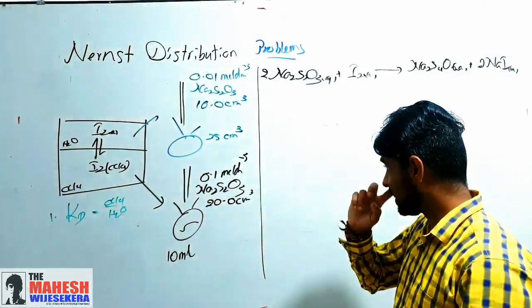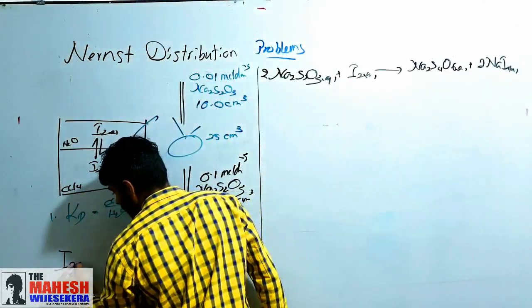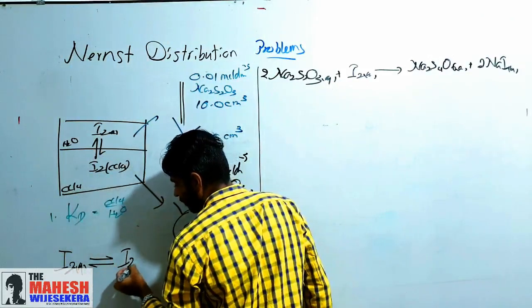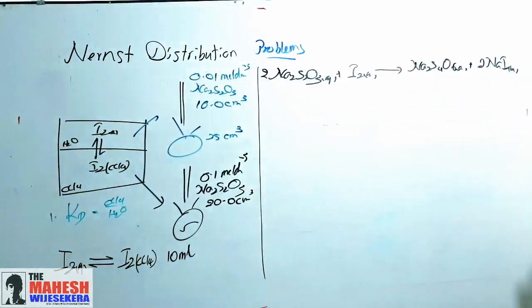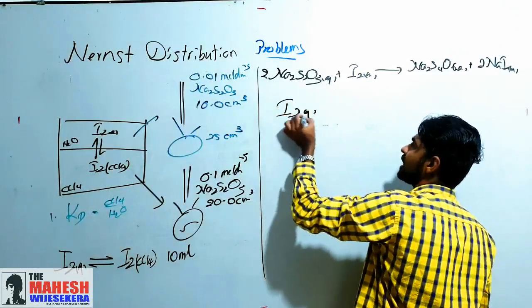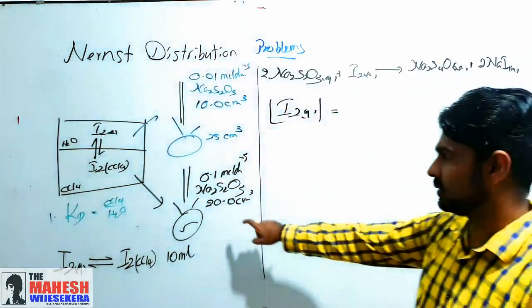Don't forget to write that equilibrium, I2 aqueous, I2 in CCl4, somewhere. You might get marks for this. So how to find the iodine concentration in the aqueous layer?